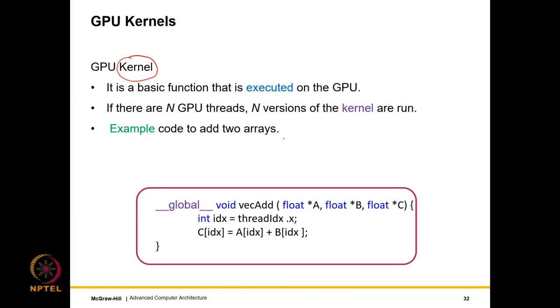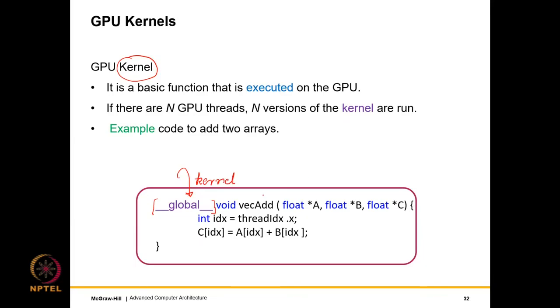I'm showing the example code to add two arrays. Let's look at this step by step, piece by piece. Whenever we have the identifier __global__, this refers to a directive which tells the CUDA compiler that this is a kernel and is supposed to execute within the GPU, and that too in parallel.